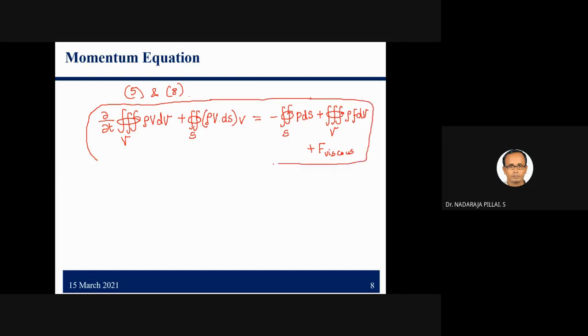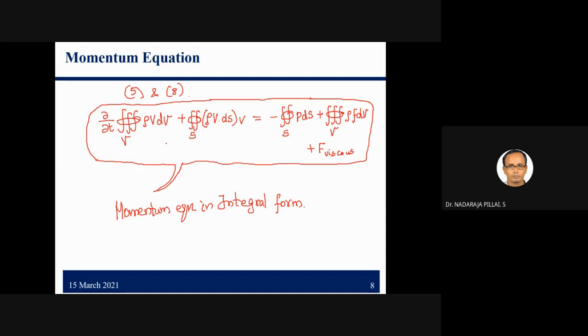This is the momentum equation in integral form. So you know the content, right? What is the content here?